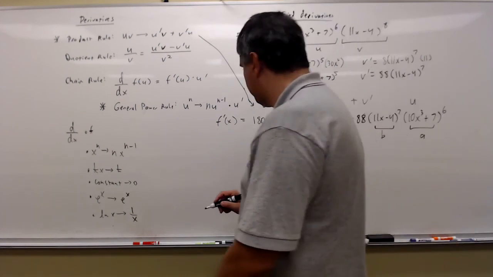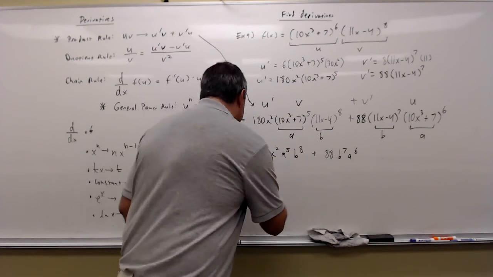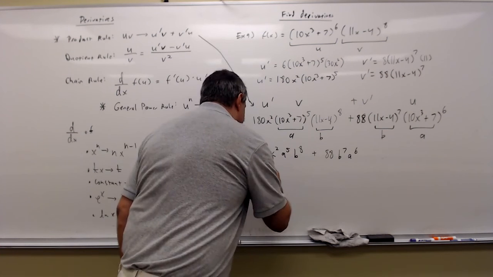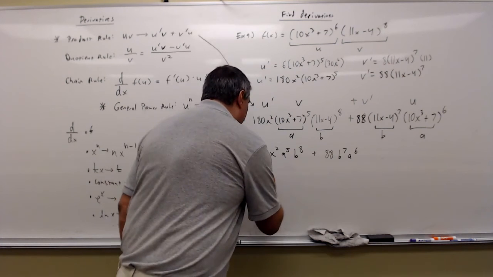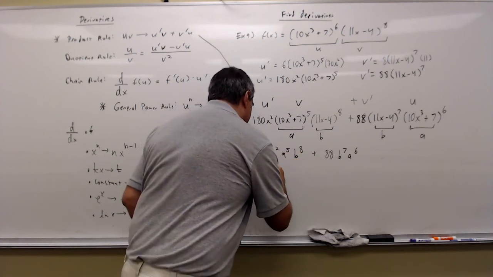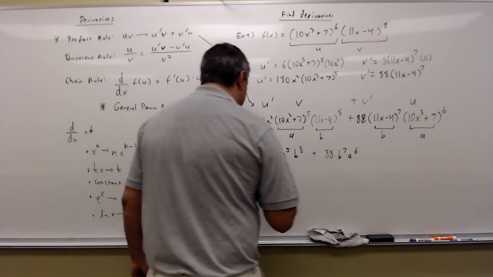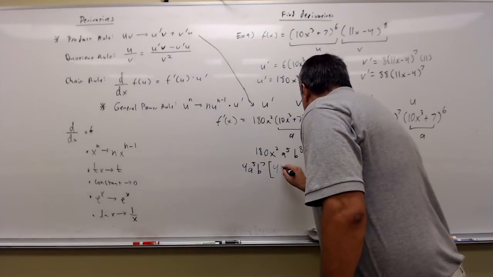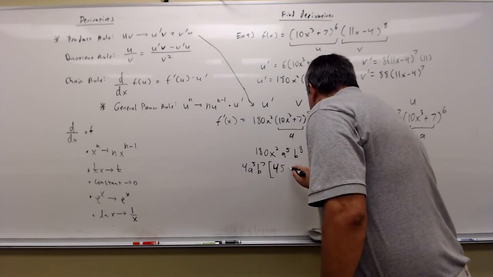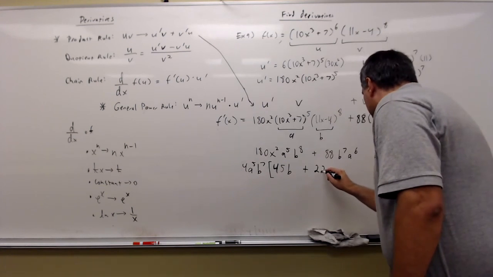These two are both divisible by 4. They both have a's in them. They both have b's in them. So the lowest appearing power of a is a to the 5th. The power of b is 7. So this will be 45. The a's would cancel, this would just be b, plus 22.